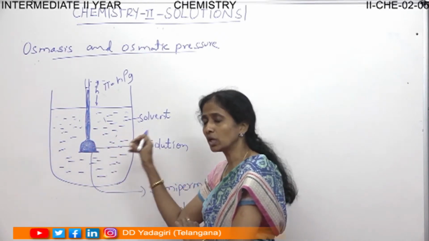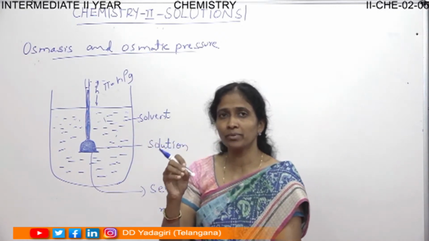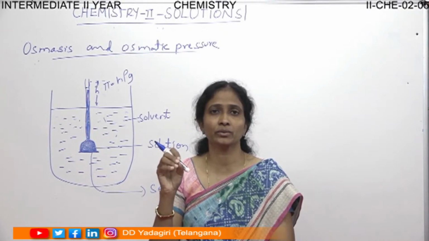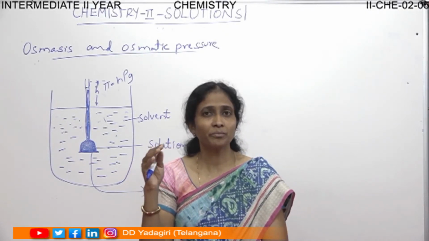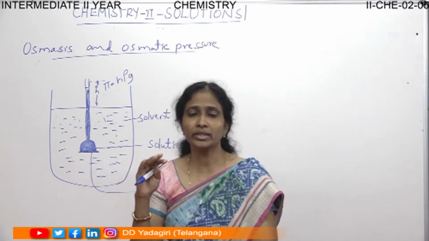To stop the osmosis process, some pressure is applied, and that pressure is called osmotic pressure. To prevent the osmosis process, the pressure which is applied is called osmotic pressure.